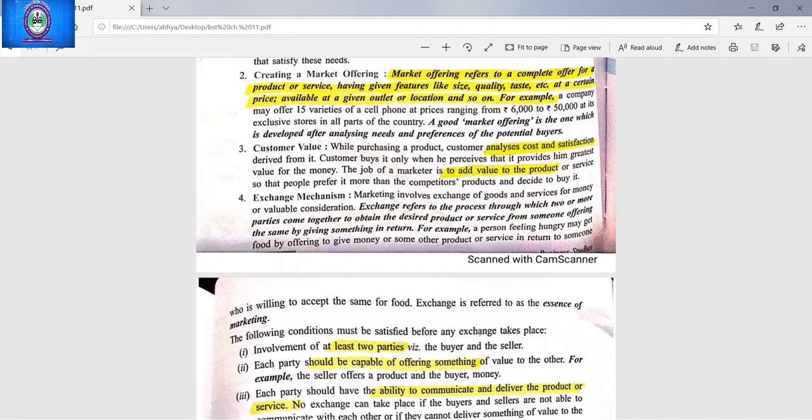So exchange refers to the process through which two or more parties come together to exchange whatever they both have. For example, a person is selling a mobile and you are having money. So you both meet with each other and you both make negotiations. Now you both are ready to exchange your product. So you will be giving money to the seller and the seller will be giving you the mobile set. So that will be exchange.